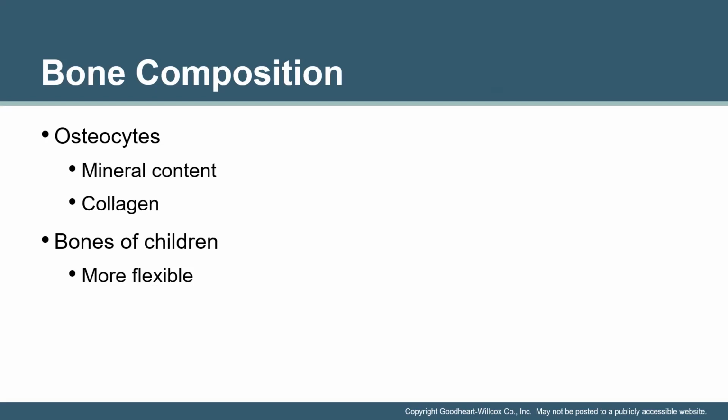So if you think about that, if red bone marrow is hemopoietic, meaning it's making all of our blood cells, both red blood cells to carry our oxygen, but also our white blood cells to fight infections, if we have less of the red bone marrow, we lose capacity to produce those things.